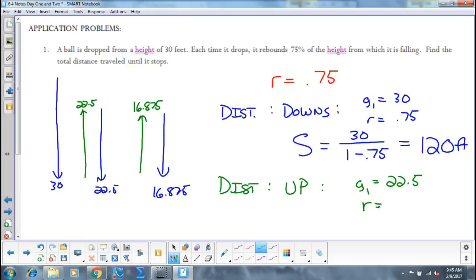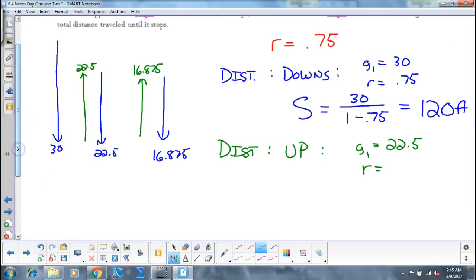Will it still be 0.75? It would still be 0.75. How do we figure out R? What are the three ways that we know how to figure out R? We talked about this yesterday. Three ways to figure out R.